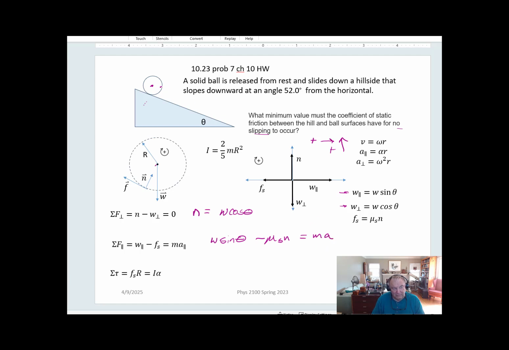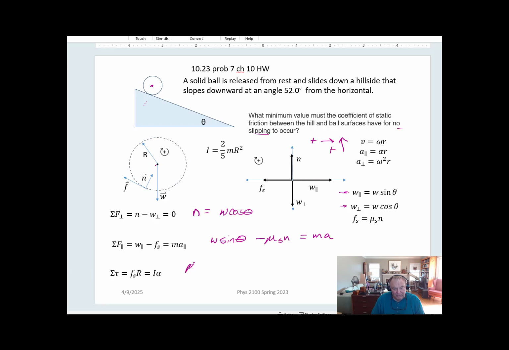The idea is that even if it's rolling down the hill, the center of mass is going to travel in a straight line, and it's going to be accelerating. That's the ma parallel. And the friction is going to be a torque about the center, and the radius vector is the r vector, and they're perpendicular by definition, the way we set this up.